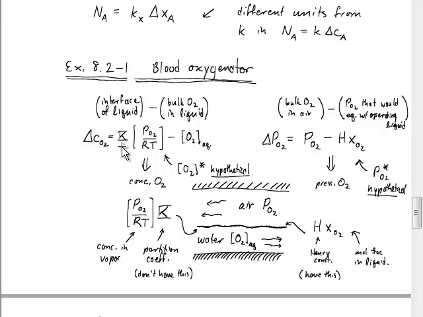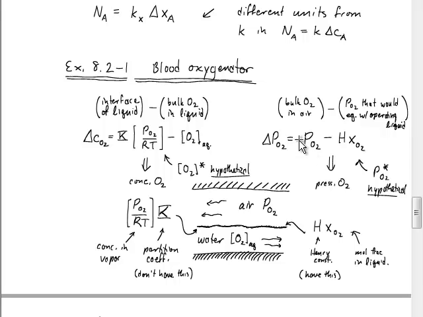Problem with this approach, of course, is that these kinds of partition coefficients are rarely tabulated. Often what we have instead is a Henry's law coefficient that relates the partial pressure in the gas phase to a Henry's law coefficient times a mole fraction in the liquid phase. So what would a driving force look like if we phrased it in terms of a partial pressure difference? Well, it would look like the partial pressure in the gas phase.